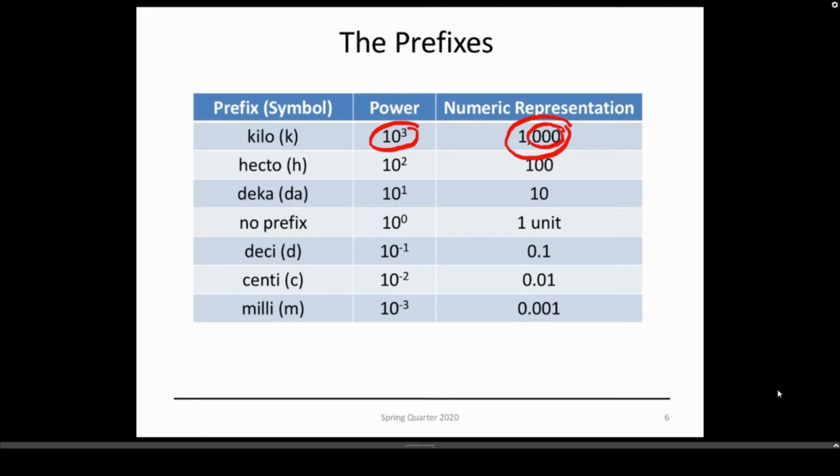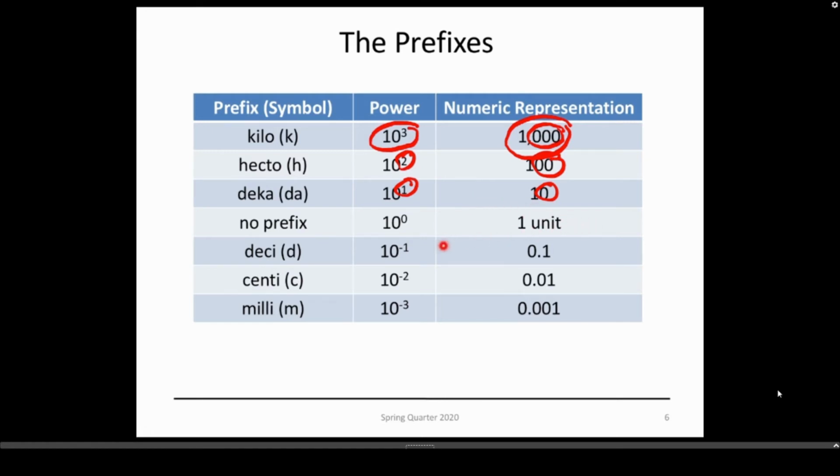Notice that the number on the top tells you the number of zeros that you have. So 10 to the power of 2 means you have 2 zeros. 10 to the power of 1, you have 1 zero. 10 to the 0 is the exception, it's the unit, so it gets you just 1.